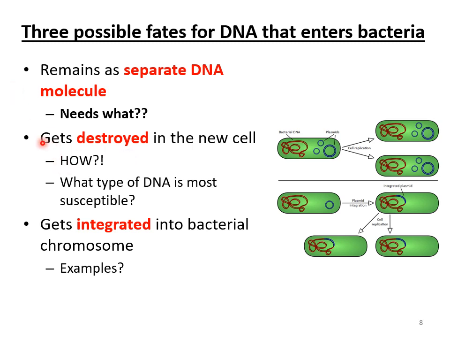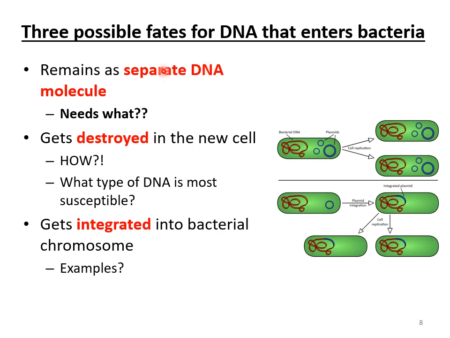The second thing is that it can be destroyed in the new cell, so broken down and ultimately excreted. And the last thing is that it can be integrated into the bacteria's chromosome. In that case, it's now part of the big main DNA of that cell. It's not a separate little plasmid anymore.